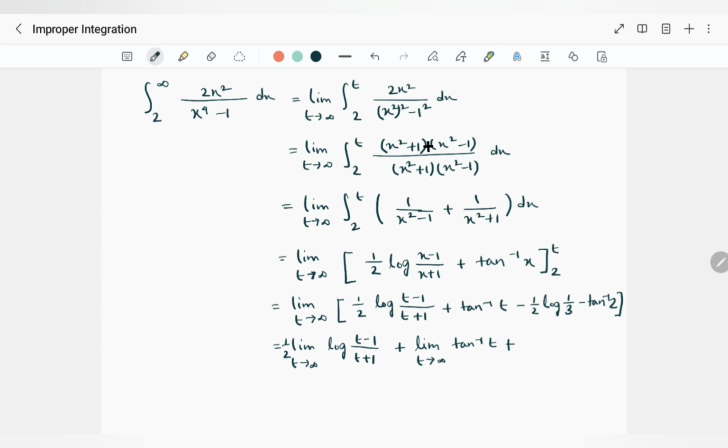Now we can write log 1 by 3 as minus of log 3, so this is minus minus plus half of log 3 minus tan inverse 2.